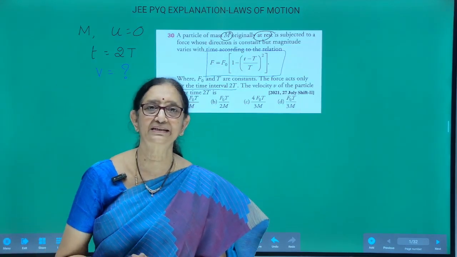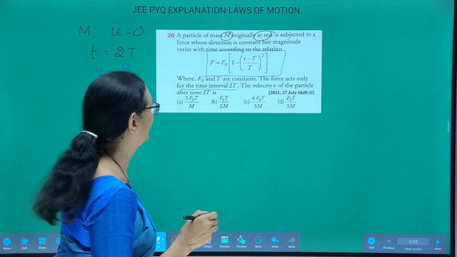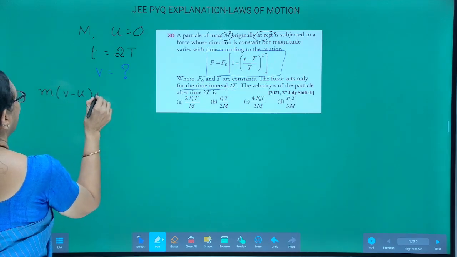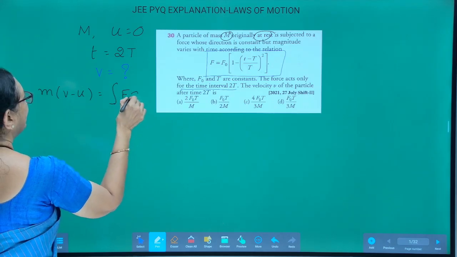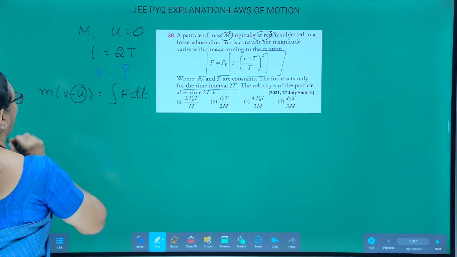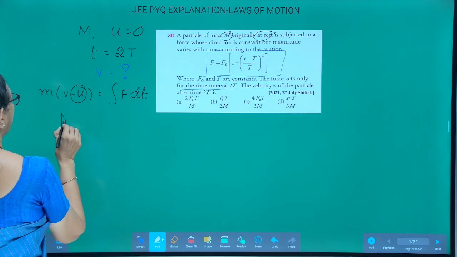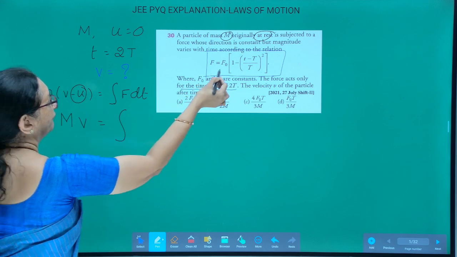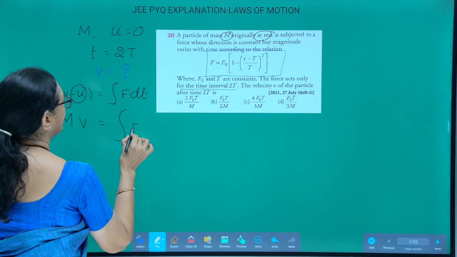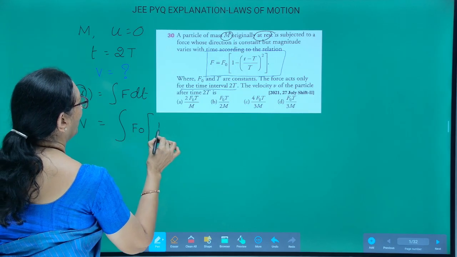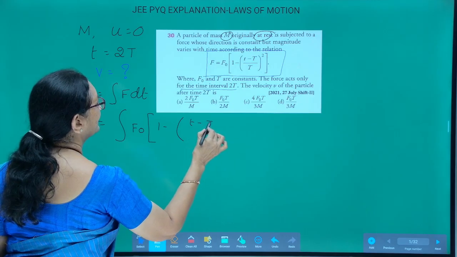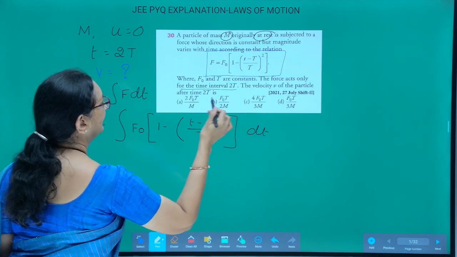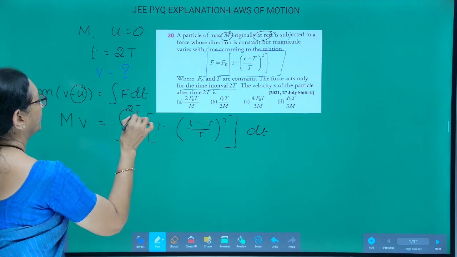If the force is a variable function of time, then impulse or change in momentum, m into v minus u, is integral F dt. So, here u is equal to 0, so m into v is the integral of the force, which is given like this: F0 into 1 minus (t minus T) by T whole square, into dt, limits are from 0 to 2T.